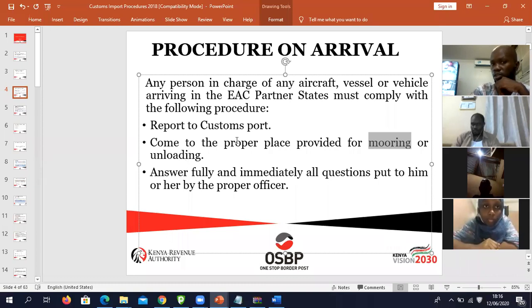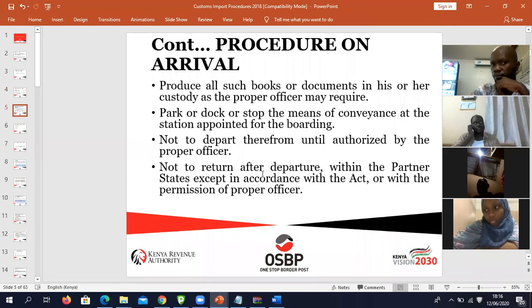So once he has come to that proper place, he'll be able to answer fully and immediately all questions put to him or her by the proper officer, this being the customs officer. Then next, you'll be required to produce all such documents in his or her custody as per the requirements of the proper officer.